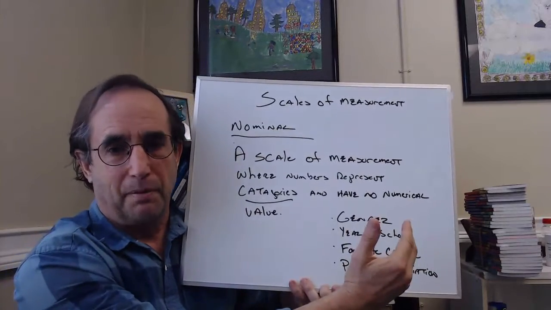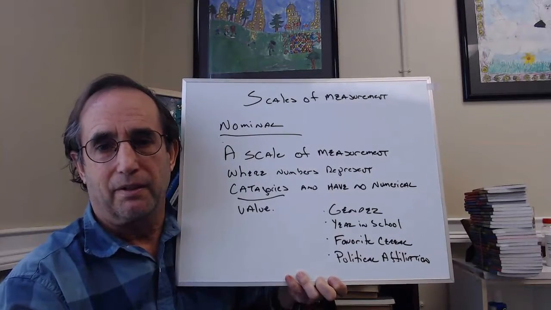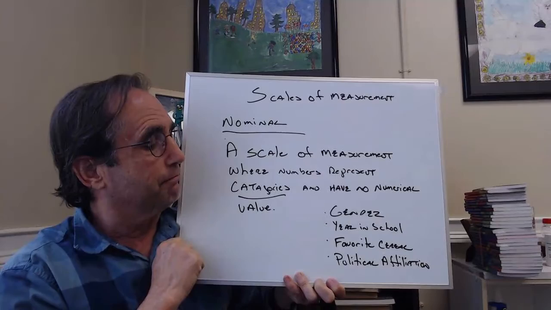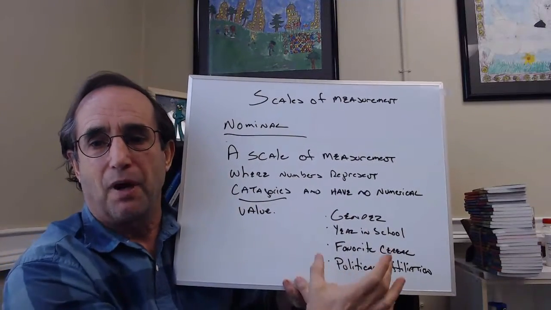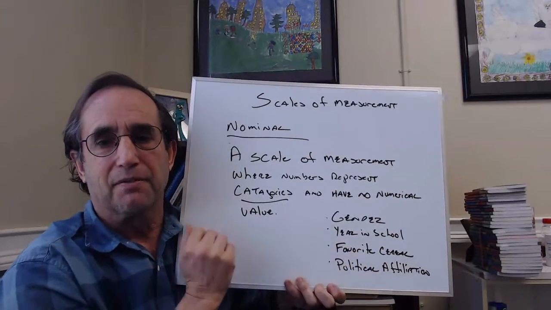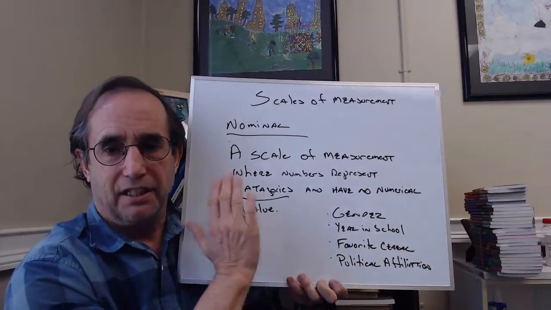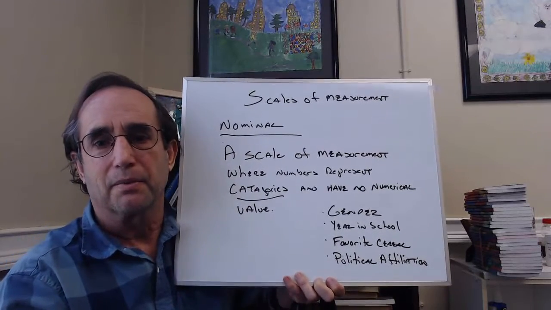It doesn't actually represent any value associated with that category. So it's either one category or not. There's no average gender, no average year in school, no average favorite cereal, no average political affiliation. It's just either one or the other, or one of several possibilities.